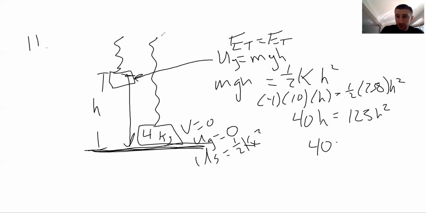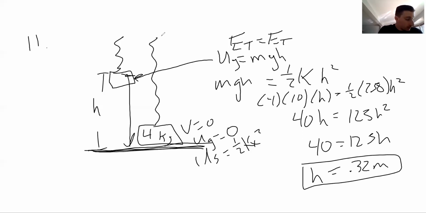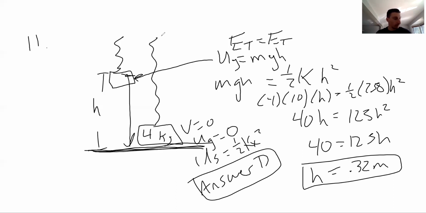So I got 40 equals 125 h. And h equals 0.32 meters. Therefore, the answer is D. All right, good. That's 11. Let's go to 12. Clear. 12.